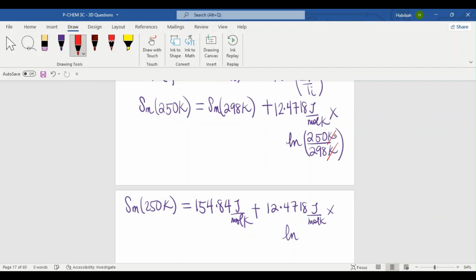We cancel out the Kelvins. 250 divided by 298 is the same thing as 0.83893. So that's basically how it's done.